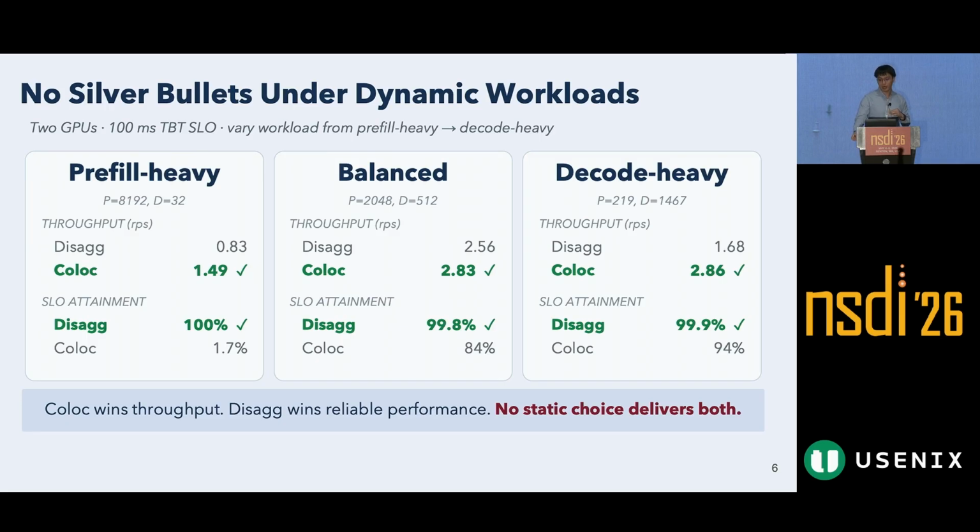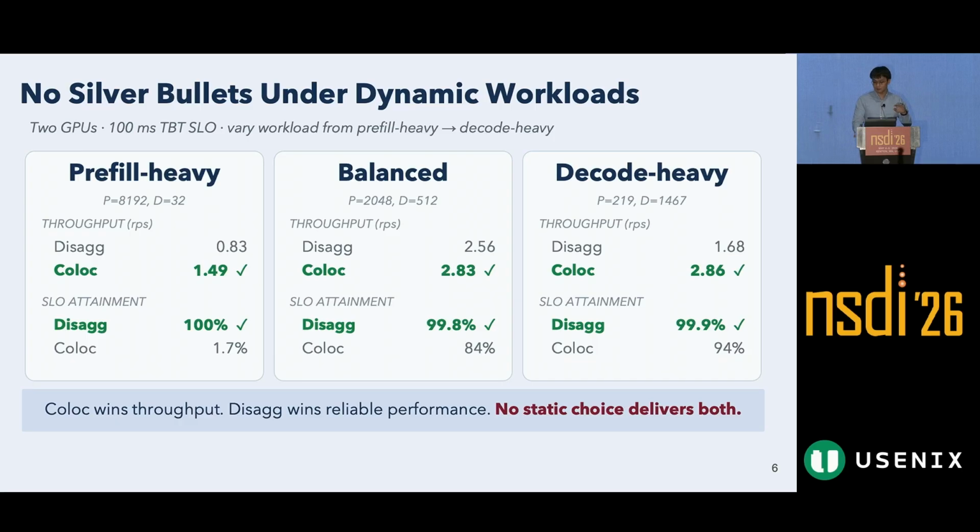Look at the prefill-heavy column on the left. Disaggregation gives you a very clean 100% SLO attainment, but only 0.83 RPS with one GPU, because one GPU is basically idle. Collocation pushes the throughput to a very high 1.49 requests per second, but the SLO attainment collapses to 1.7%. If the chunk size is not configured well, it is completely unstable in production.